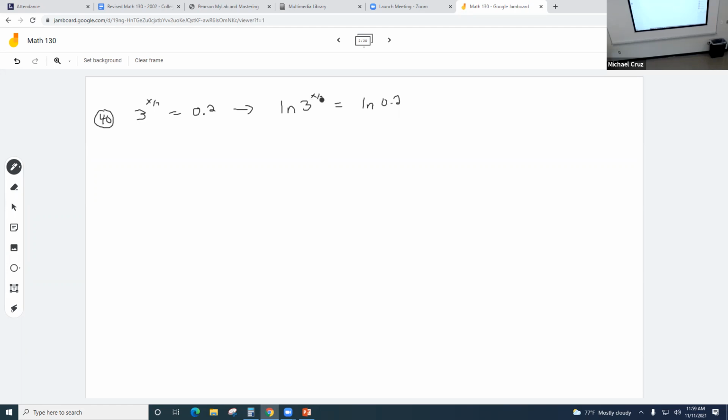All right, now this comes out in front using the power rule. All right. Now, remember, that's 1/7 x, okay? So we want to just get a plain x.